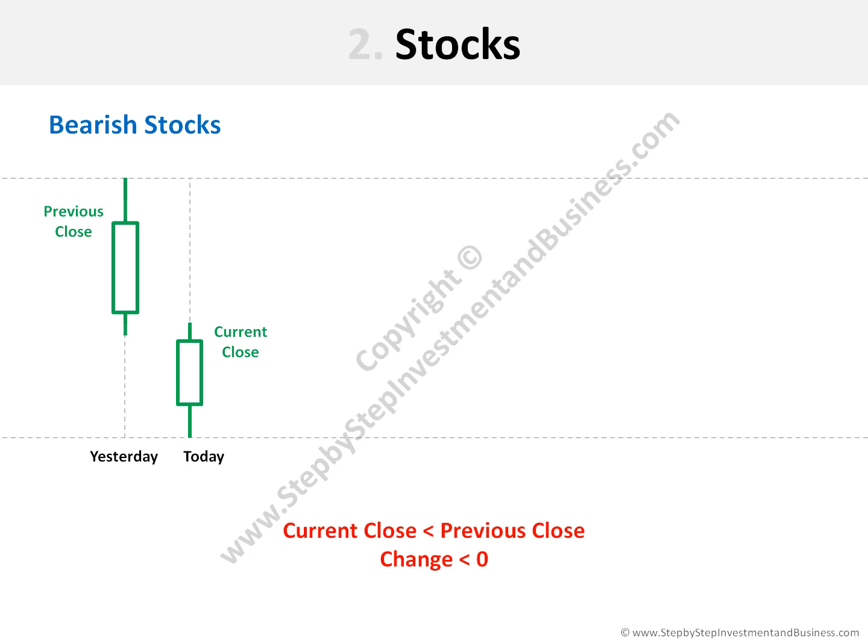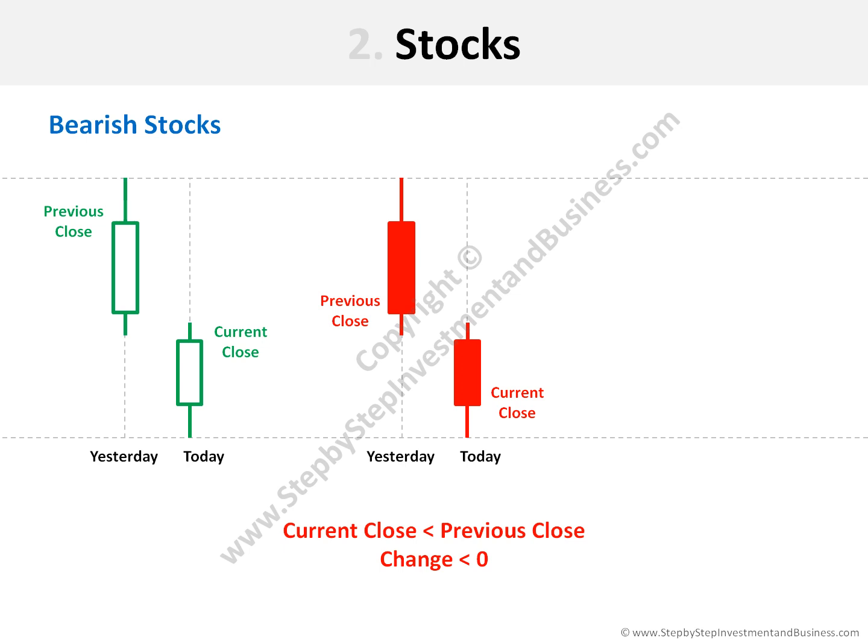Even though both candlesticks are bullish, the close of the candlestick of today is lower than the close of the candlestick of yesterday. So despite being bullish candlesticks, we have a bearish stock because the current close is lower than the previous close. That is, there was a negative change in the stock price from one trading day to the next.